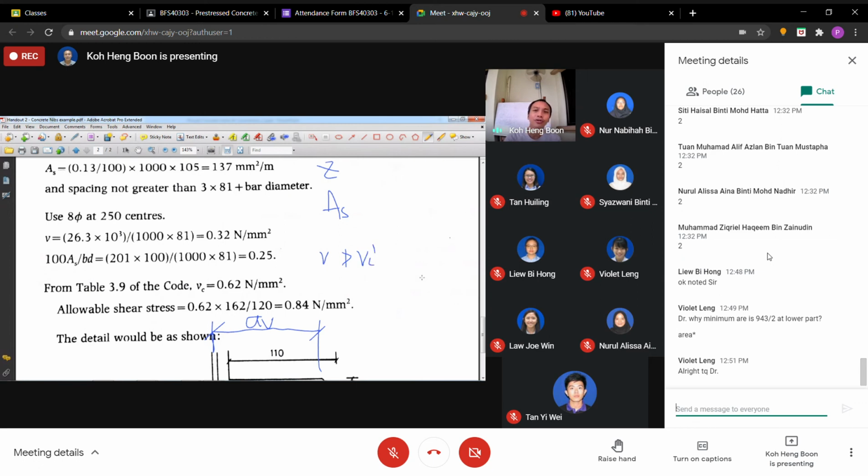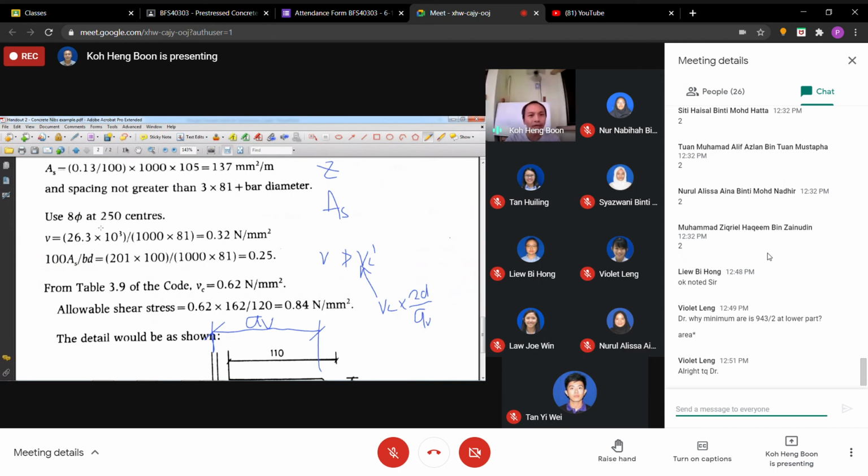The enhanced shear strength here is what? It is VC multiplied by 2D over AV.